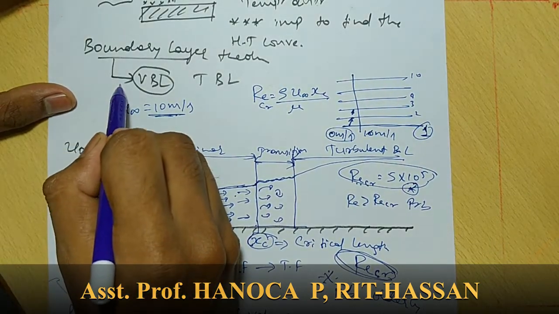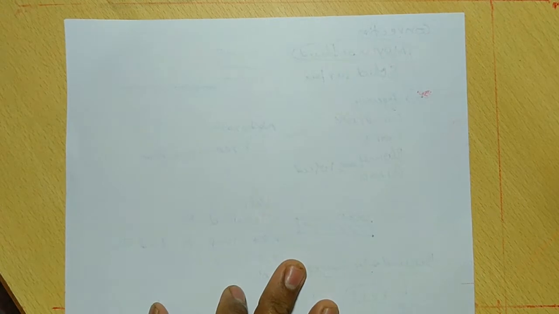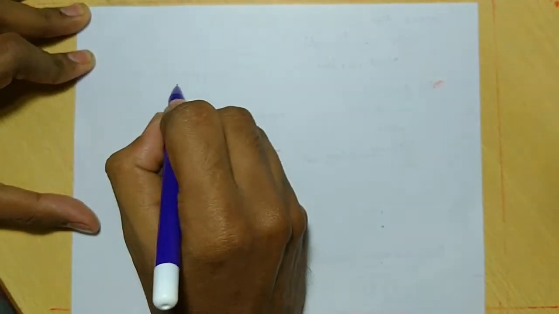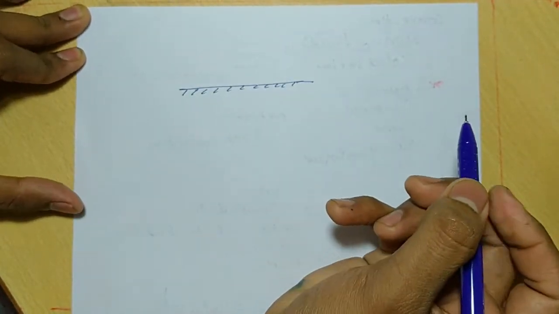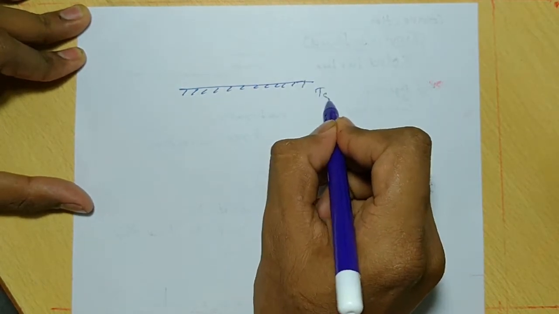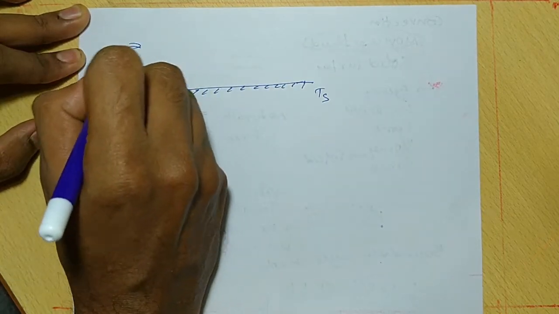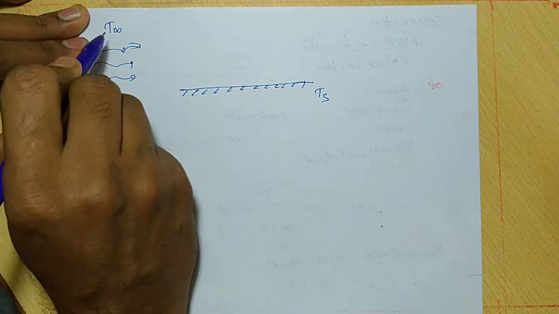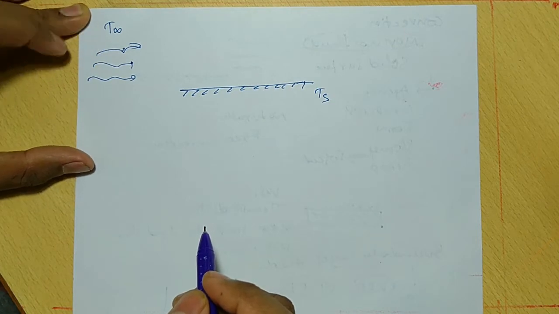Now, the velocity boundary layer we have discussed. Next one is the thermal boundary layer. The thermal boundary layer is almost the same concept as the velocity boundary layer. Once again, you consider a stationary plate of temperature Ts, and a fluid moving with a certain velocity, and the temperature is T infinity, meaning the free stream temperature of the fluid.